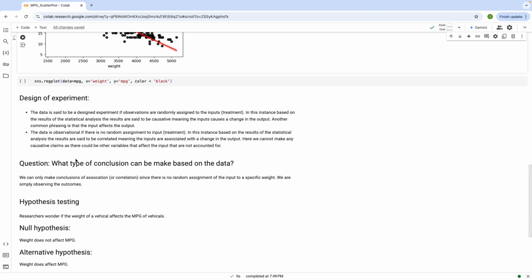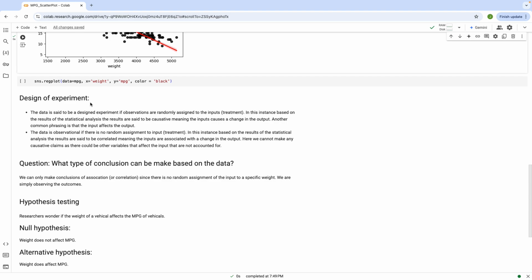So what type of conclusions can we make based on this data? Well, that depends on the design of experiment. Because we're not assigning cars to have a specific weight, we're just observing the outputs, our conclusions are restricted to correlations and associations.